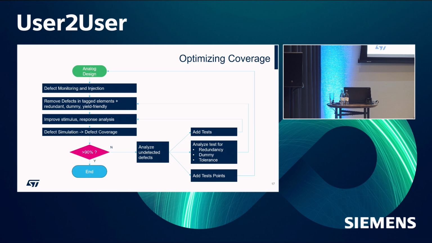We can also remove the dummy devices from the netlist. We can tell the tool which are the dummy devices, not to insert faults in these devices because they are not used in the netlist, just in case of fixes.